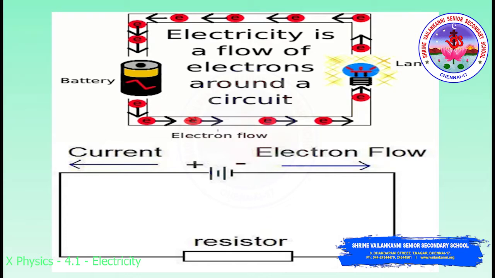The direction of flow of electrons gives the direction of electric current. It is opposite to the conventional current, as the electrons flow from the negative terminal of the battery to the positive terminal.